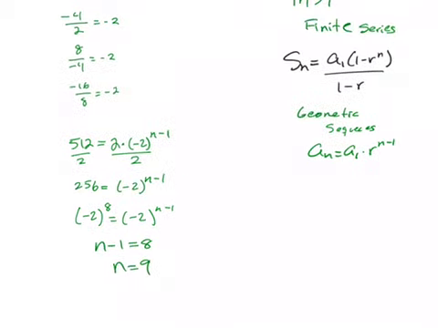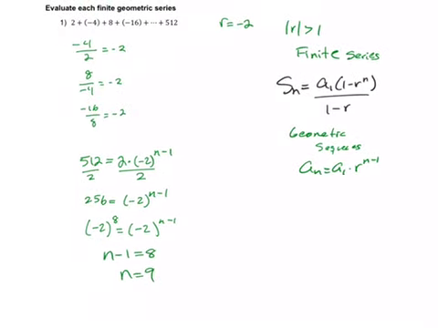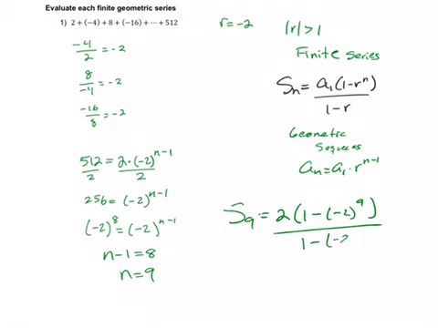So now I'm going to go to my series formula right here, and I'm going to plug in the information. So S sub 9 equals the first term, 2, times 1 minus r, but r in this case is -2, to the 9th, divided by 1 minus -2.